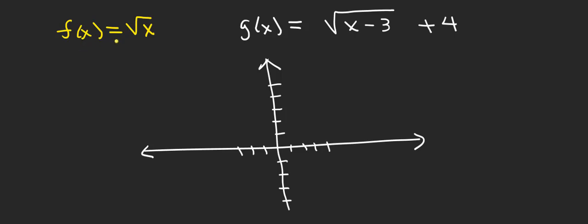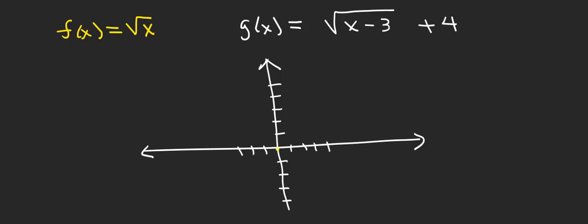If you have f of x equals radical x, and g of x equals radical quantity x minus 3 plus 4, how does the graph of g of x look compared to f of x? Well, you know that you're going to have a horizontal shift, 3 to the right, and a vertical shift, 4 up. It's very similar to graphing transformations of quadratic equations. So how does the graph of radical x look like?